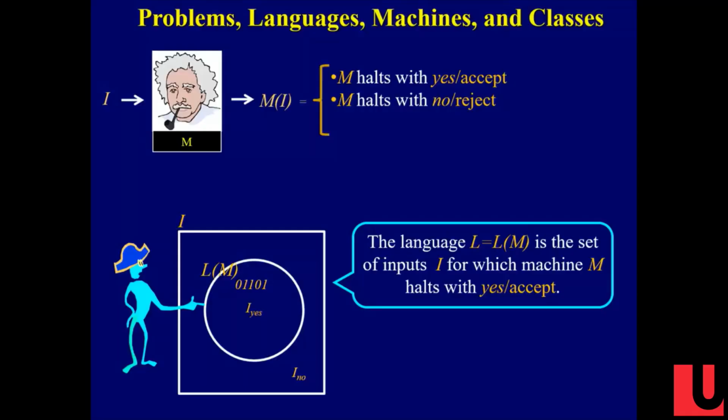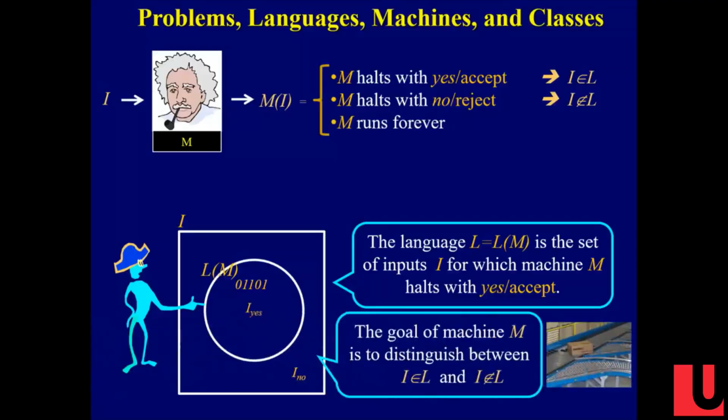A little complication is that the machine can halt and say yes, or can halt and say no, in which case it's clear that the answer is yes or the answer is no. But the machine could also run forever, in which case we'll default and say the answer is no. The purpose of the Turing machine is to discern between the yes answers and the no answers. So this type of machine discerns between yeses and nos, because on yeses it halts and says yes, and on nos it either halts and says no or it runs forever.